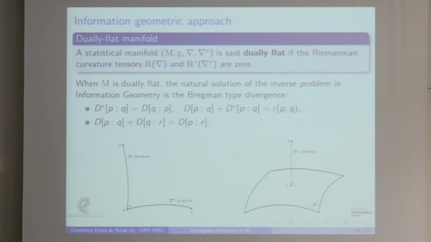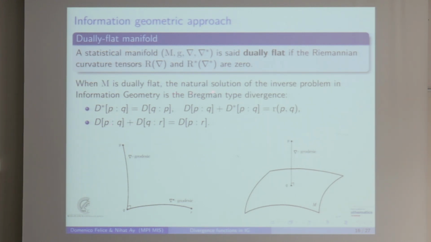Very remarkably, this function is symmetric with respect to its arguments in the dually flat case. And this yields these nice properties. This means that if you change Q with P, if you reverse these two arguments, you get the dual divergence.